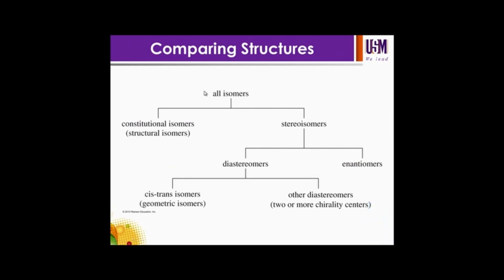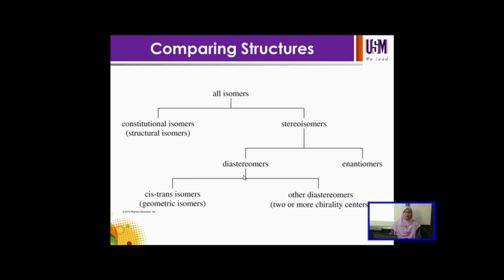When we compare the structures or the isomers, for a compound to be an isomer, it has to have the same molecular formula, and then we can divide them into 2: either constitutional isomer or stereoisomer. If the compound is a stereoisomer, we can divide them into 2: enantiomers, which have a non-superimposable mirror image, and diastereomers, which have a superimposable mirror image.